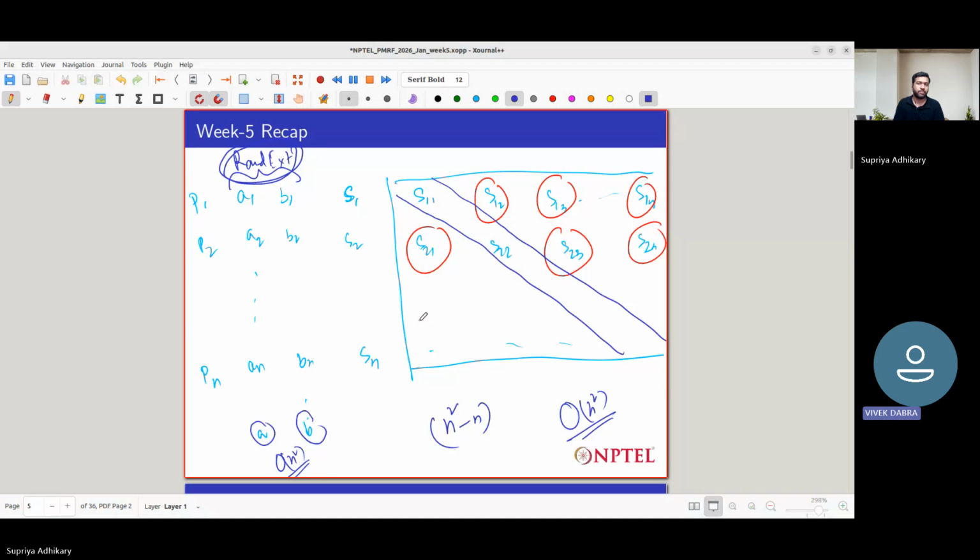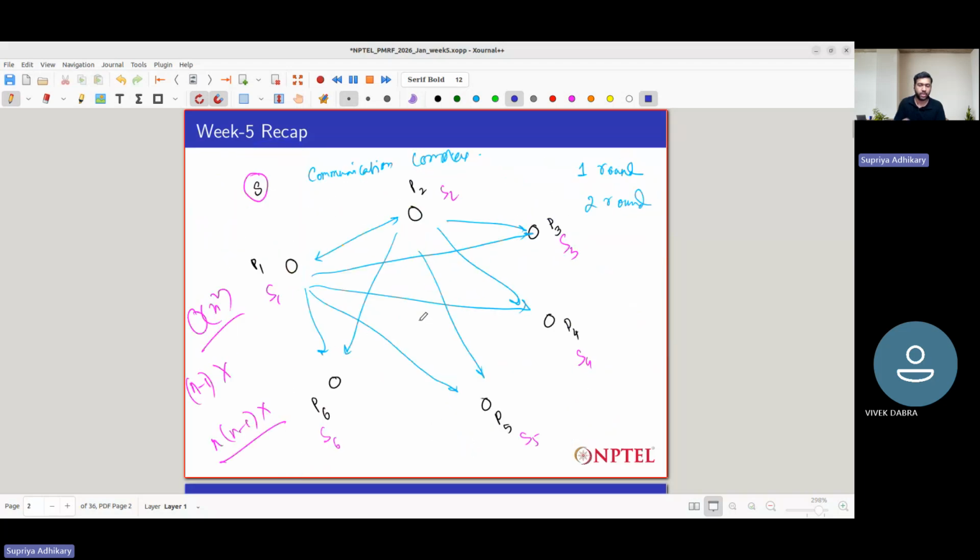Can we have the communication complexity order of n? Over here we do not have any reconstruction phase anyway. The 2 round or 1 round case will only arise when we have to reconstruct something.